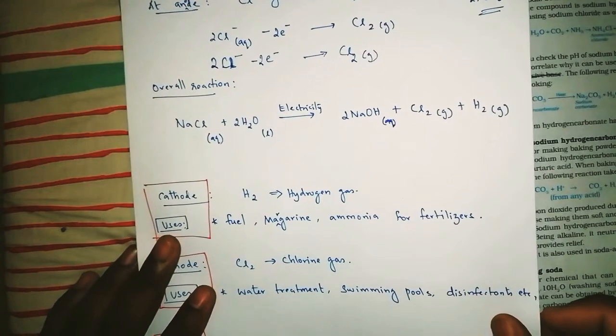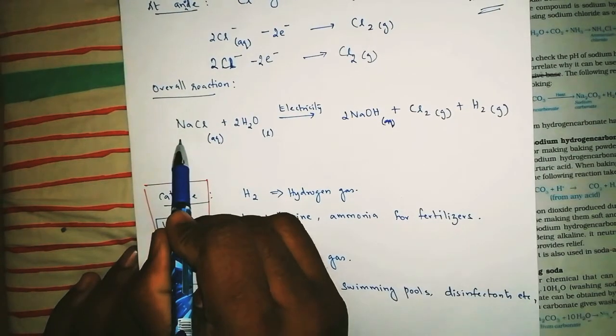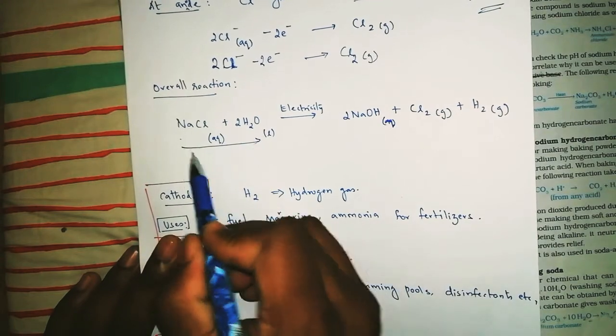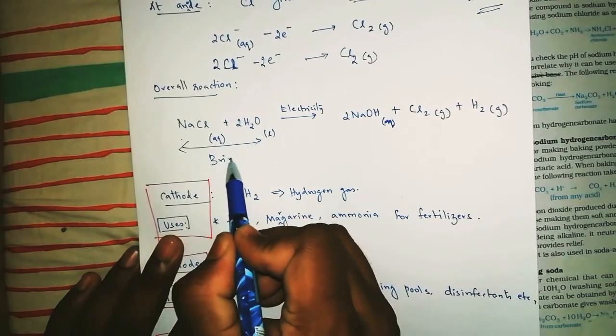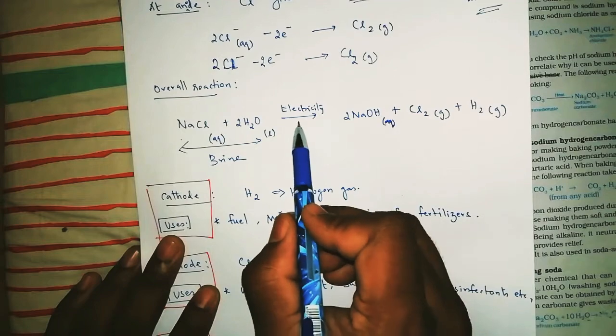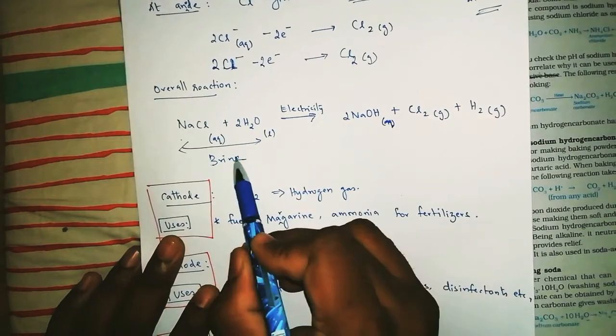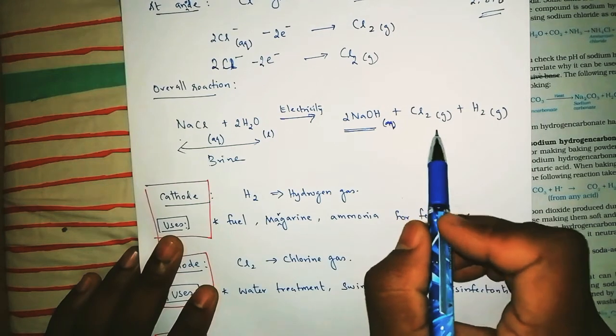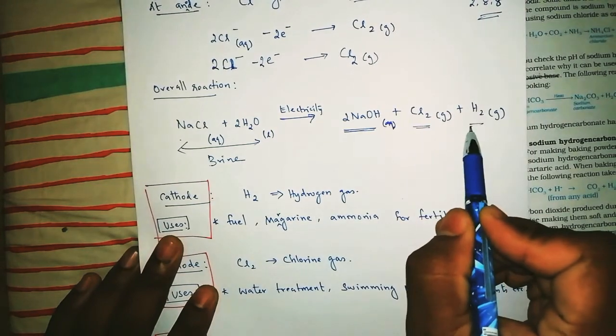And what is the overall equation? Sodium chloride mixed with water, and this solution is actually a brine solution. When electricity is passed inside the brine solution, we get sodium hydroxide, chlorine gas, and hydrogen gas.